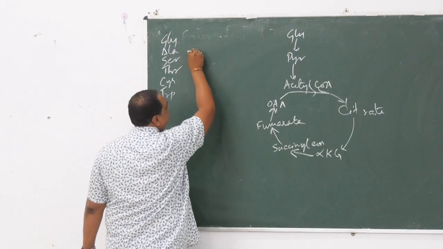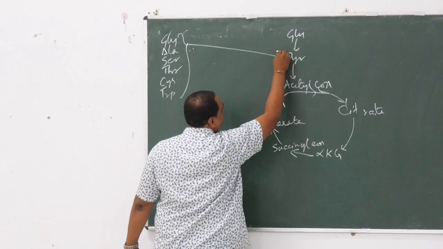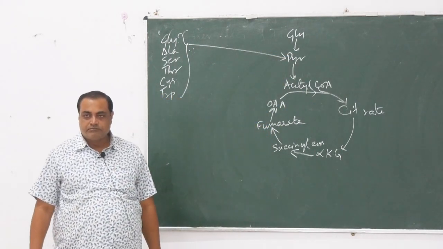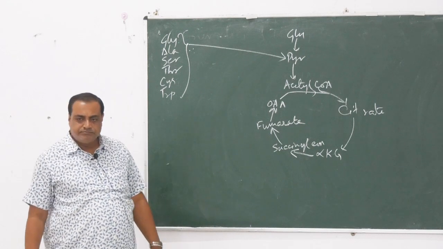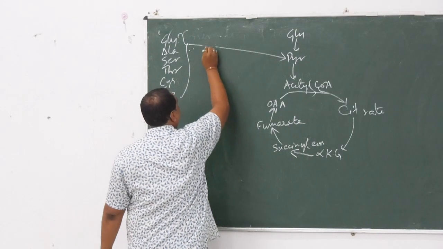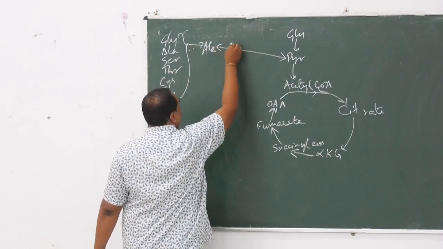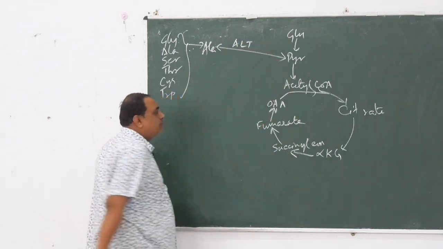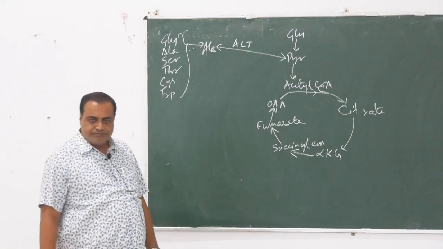All alanine then goes to transamination. So you can write like this also, alanine here, and then this by alanine transaminase is converted to pyruvate.